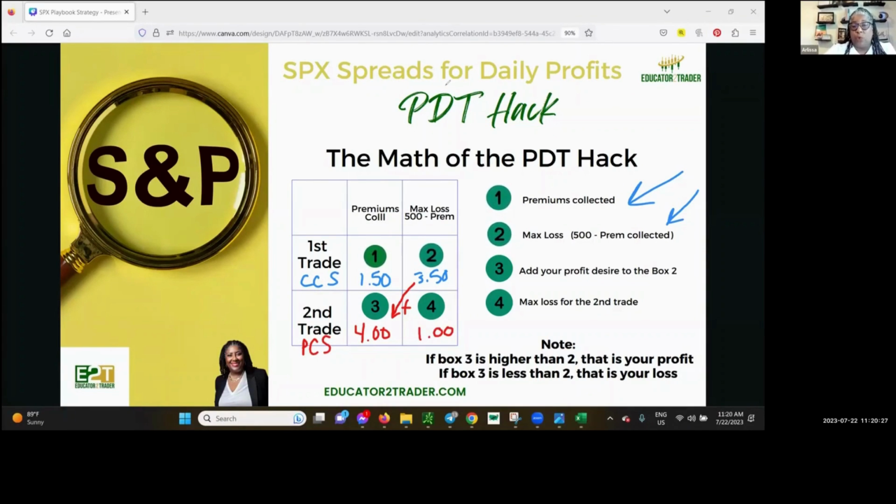This is going to give you a profit of $50. It says down here, if box 3 is higher than box 2, that is your profit. If box 3 is less than 2, then that is your loss. It's the difference between these two. The second trade has to be higher for profits. If it's less than the max loss, then it's loss.